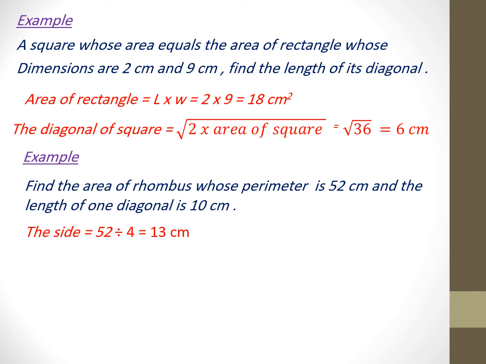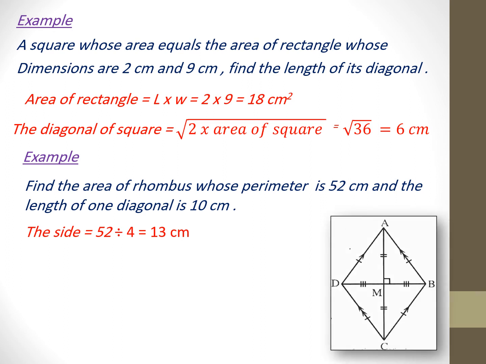Let's draw this rhombus. We have a rhombus ABCD and the side lengths AD equals AB equals BC equals CD equals 13 centimeters, and we have the length of diagonal AC equals 10 centimeters, so AM will be 5 centimeters and MC will be 5 centimeters.